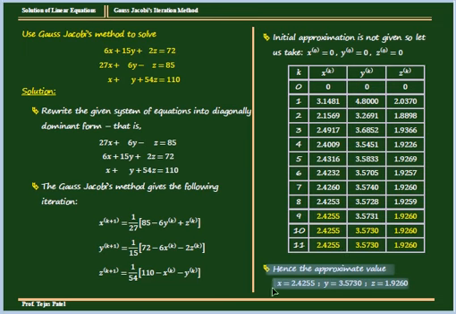So the approximate value is x is equal to 2.4255, y is 3.5730 and z is 1.9260.